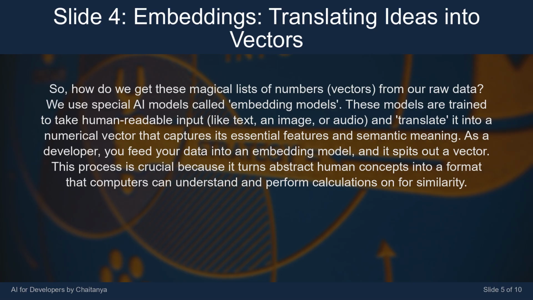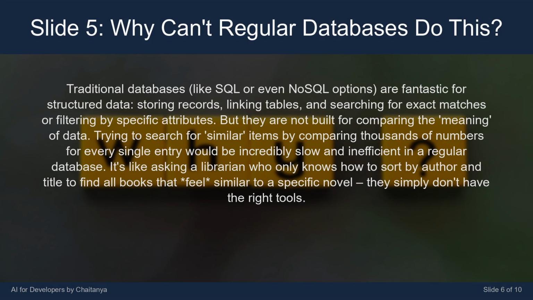on for similarity. Traditional databases, like SQL or even NoSQL options, are fantastic for structured data, storing records, linking tables, and searching for exact matches or filtering by specific attributes. But they are not built for comparing the meaning of data.